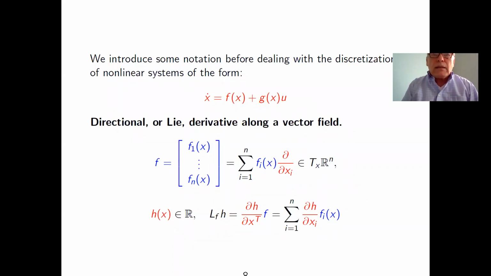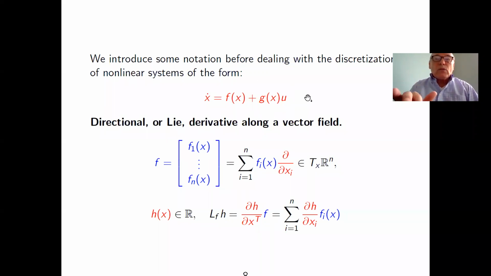Can we obtain an exact map giving me the next value of the state at the sampling instant in terms of the current state and in terms of the provided control input that I designed somehow to modify the behavior of the system and to make it evolve towards a desired goal?